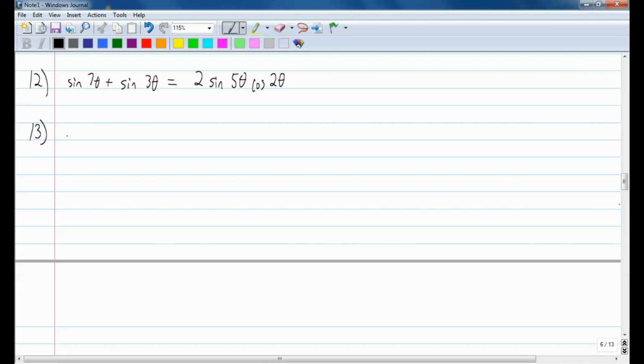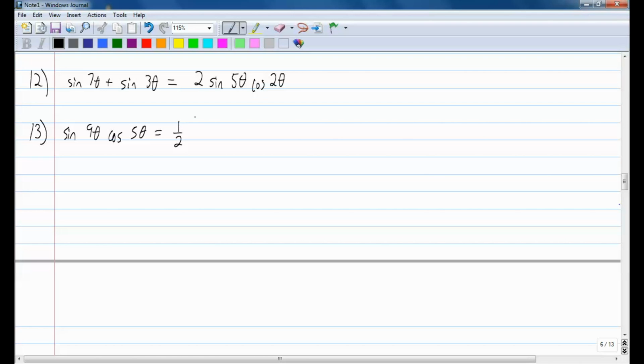Number 13, the sine of 9 theta times the cosine of 5 theta. So we want to take this product and change it to a sum. So look for the formula that is sine alpha times cosine beta.